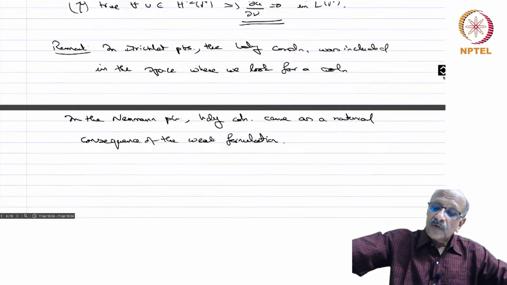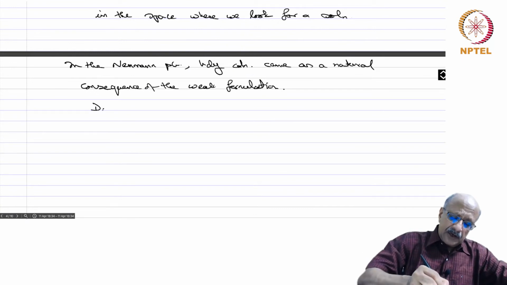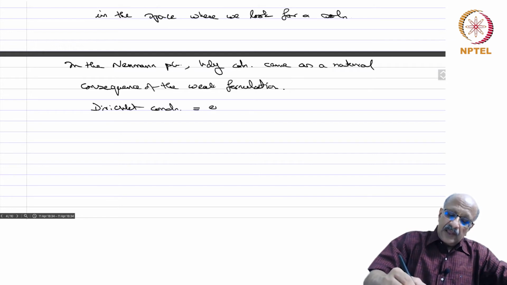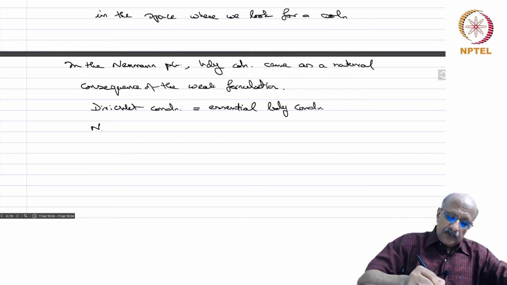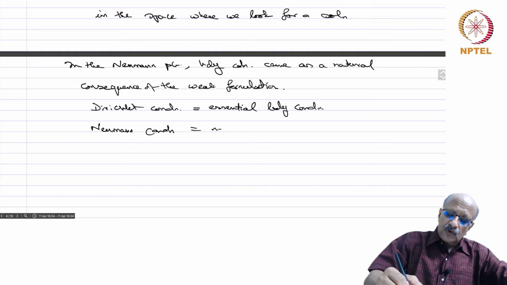Okay, so this is why we call the Dirichlet condition an essential boundary condition and the Neumann condition a natural boundary condition.